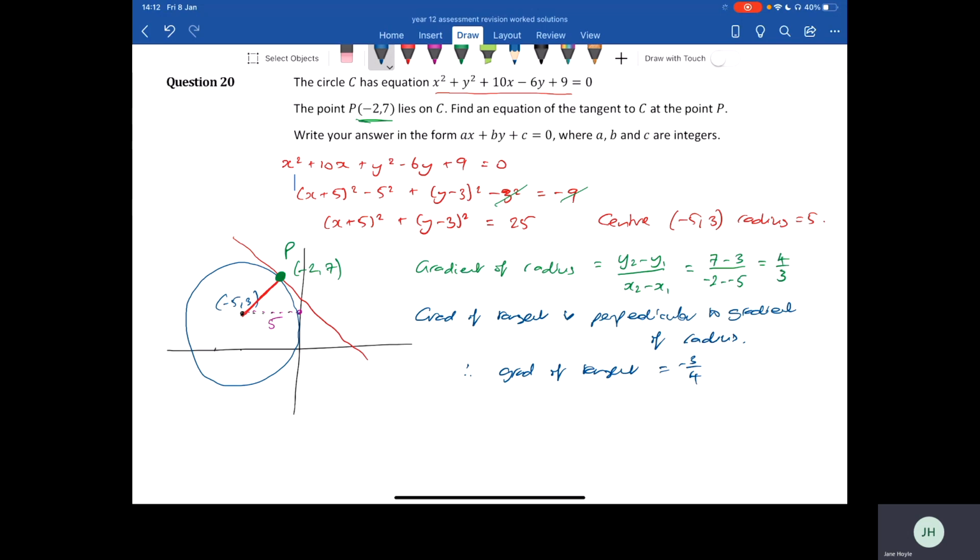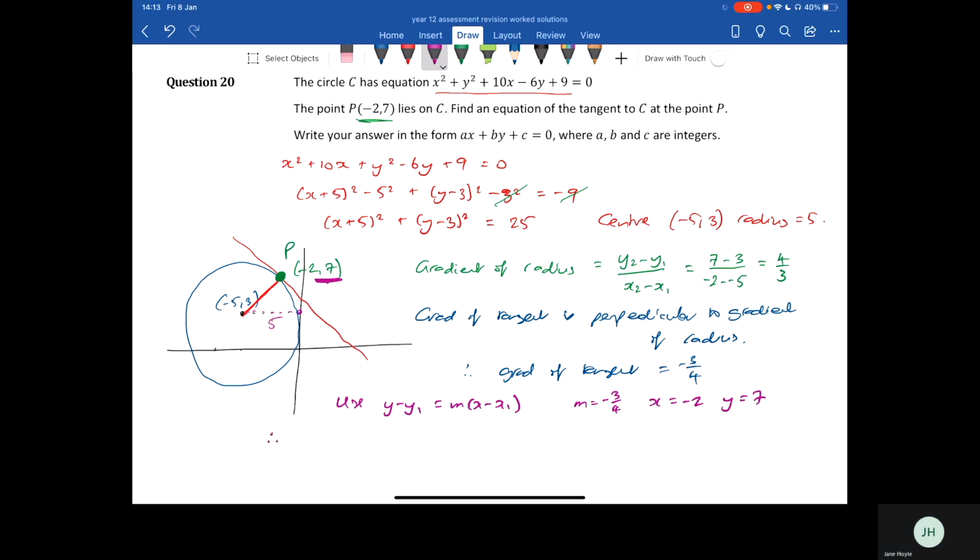And then we are using y minus y1 is equal to m(x minus x1), with my point P, of course. So I've got that m is negative 3/4, x1 is negative 2, and y1 is 7. I'm using those because those are the coordinates of P.